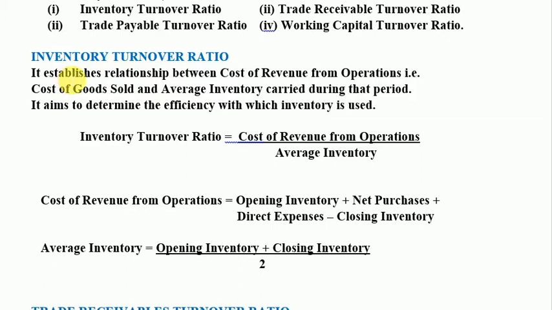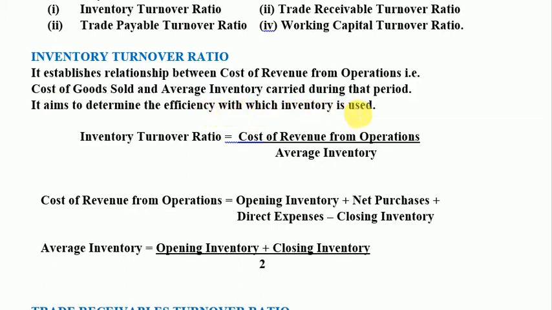This ratio establishes the relationship between cost of revenue from operations, that is cost of goods sold, and average inventory carried during that period. It aims to determine the efficiency with which inventory is used.